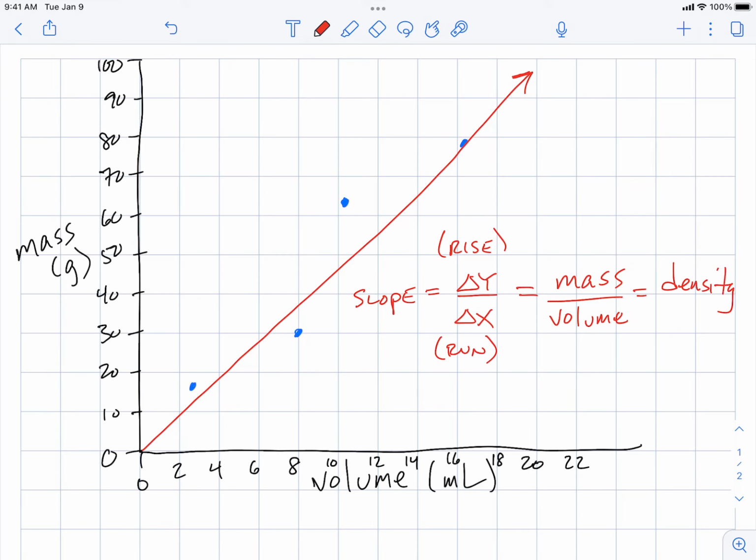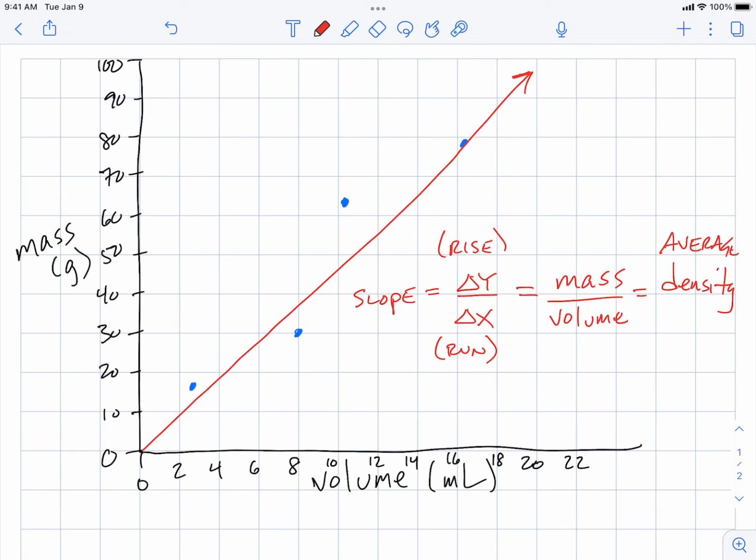So one of the things we're going to ask you to do is plot your data points, graph your data, and then calculate the slope. Why? The slope is actually going to tell you the density. Okay? Now, more accurately, because we're doing a line of best fit, this is actually the average density.